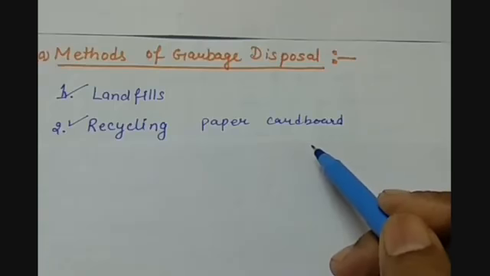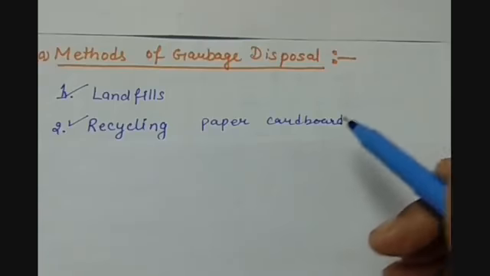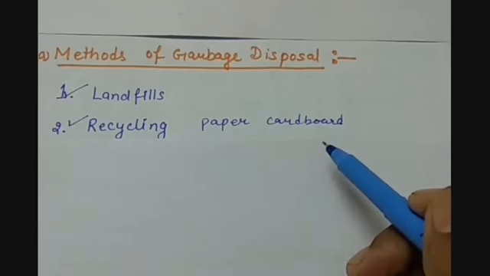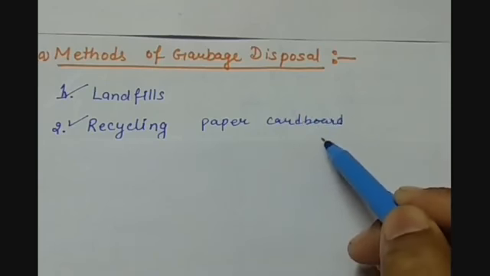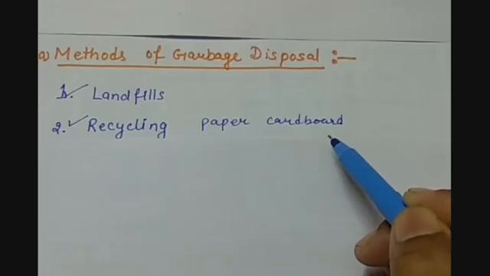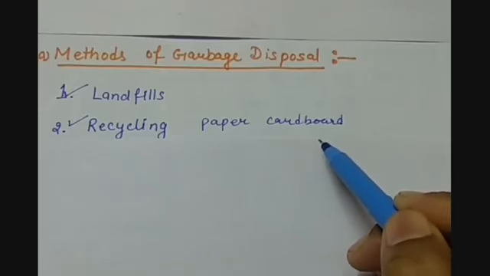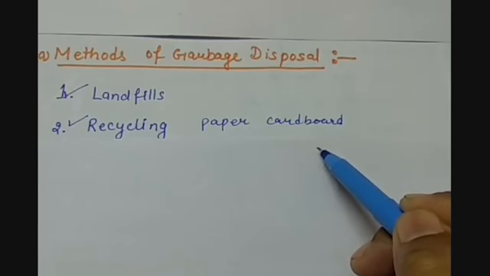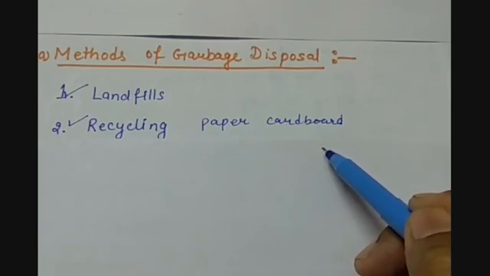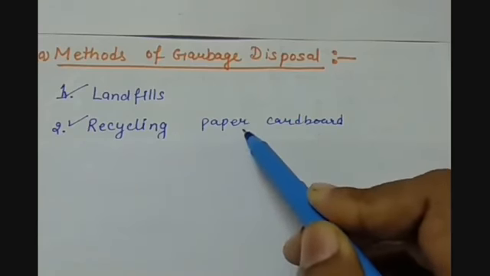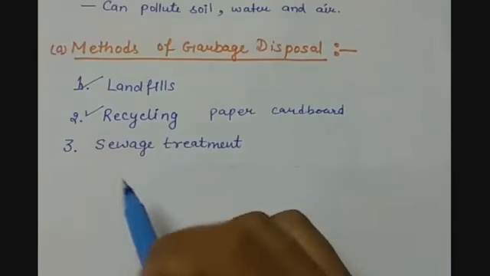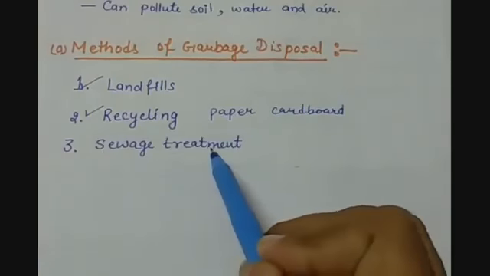For example, broken and waste plastic articles are all reprocessed by melting the plastic items and then molding them into new structures. For example, plastic buckets, cans and plates are melted and remolded into new products like chairs and tables. Similarly, waste paper can also be reprocessed to make new paper. Then the third method is sewage treatment.